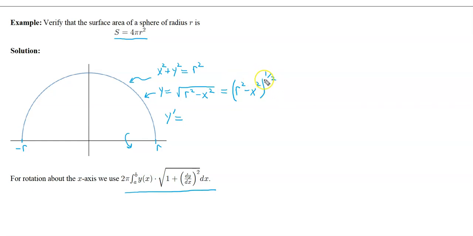When we differentiate, we drop the 1/2 down and subtract 1. Recall the negative 2x came from taking the derivative of the inside term, by the chain rule. All of this simplifies, and there we go. There's our derivative, negative x over the square root of r squared minus x squared.